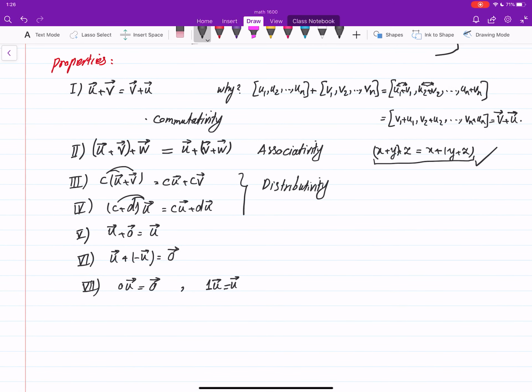One more property, there's one more. Let me add that one also. When you have two scalar numbers, you can first multiply them and then do the scalar multiplication, or you can start with one of these scalar multiplications, get a vector, and do a scalar multiplication again.